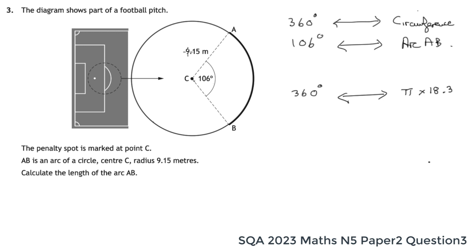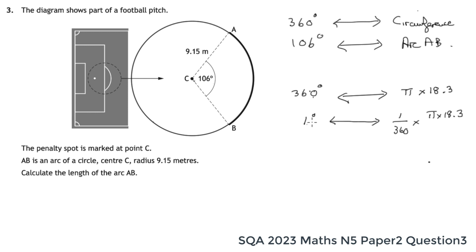That's twice 9.15. So 360 degrees goes with whatever this length is. So let's try and work out what tiny wee length would go with a 1 degree angle at the centre. Now, since 360 degrees goes with this number, 1 degree would go with 1/360th of that number. So basically dividing that number by 360.